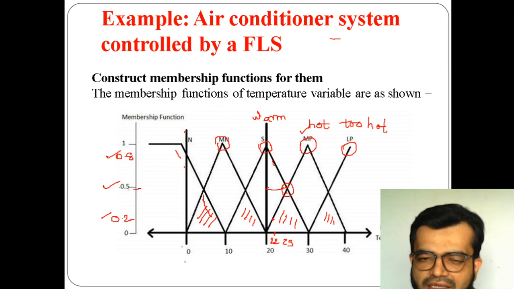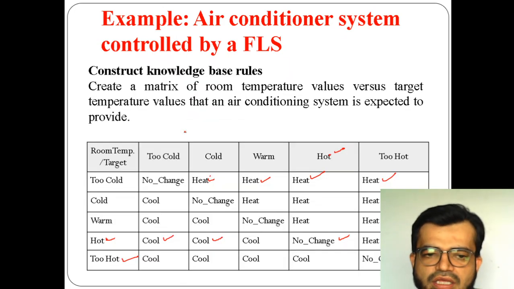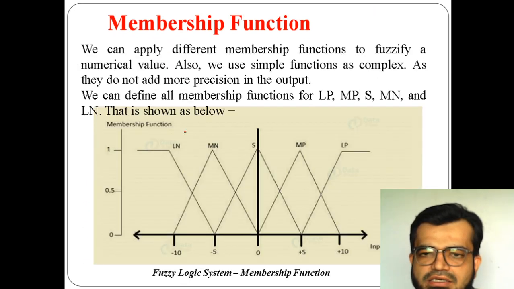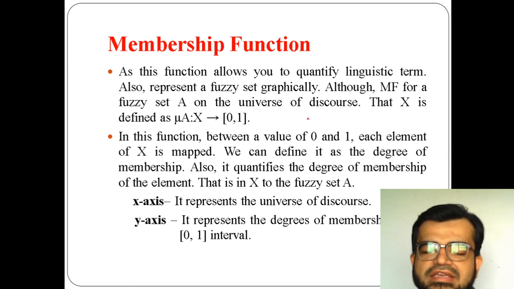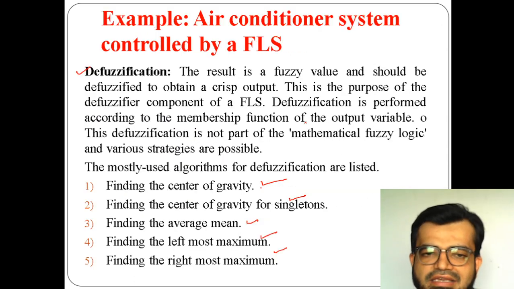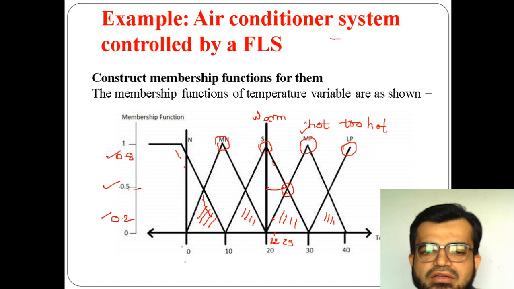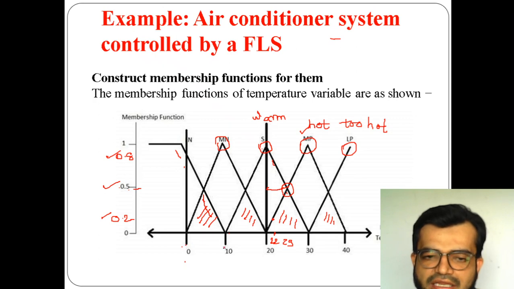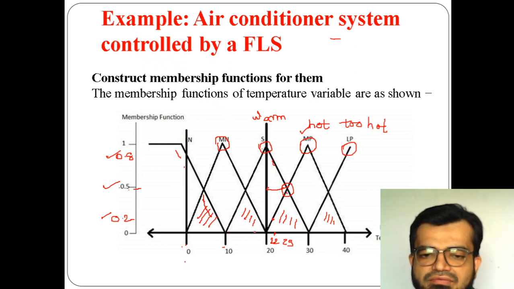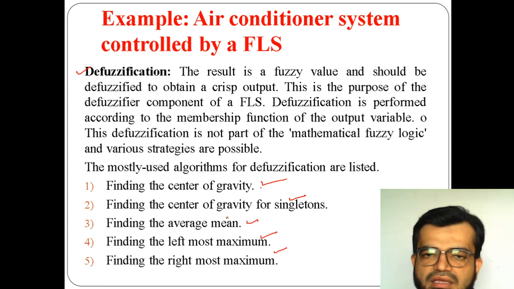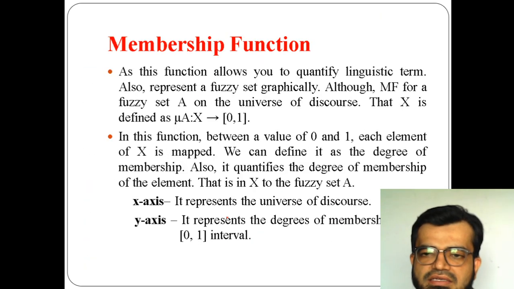So we need to quantify those linguistic terms. How are we quantifying them? If a value is between n and mn, it has the range 0 to 10. And if a value is between mn and s, the value is between 10 and 20. So we are quantifying the values by taking ranges of values.